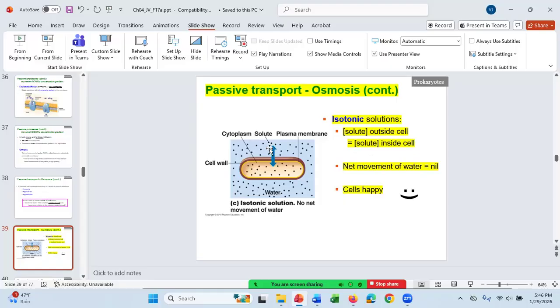Doesn't mean water doesn't ever move into the cell. It's just when one moves in, one has to move out. That's what I mean by no net movement of water. For our purposes, we can just say that when the water is isotonic, in simple terms, there's no movement of water either into or out of the cell because there's no net movement into or out of the cell.